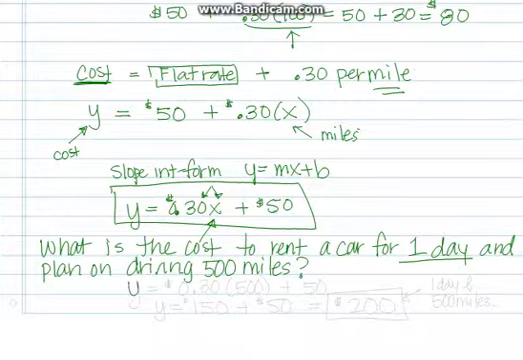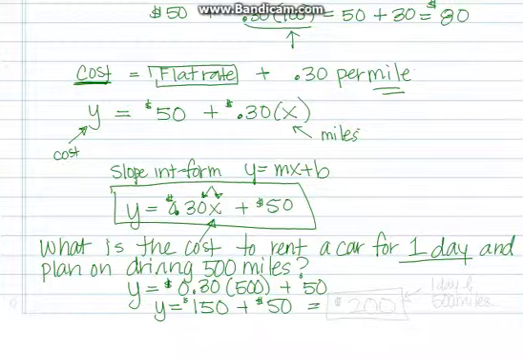So the cost, y, would be equal to 30 cents times the 500 plus the $50 flat fee. So we get y is equal to $150, so that's just for driving the 500 miles. Then we'll add to that the $50 flat fee. So it's going to cost us a total of $200. And so again, this is to rent the car for 1 day and go 500 miles.